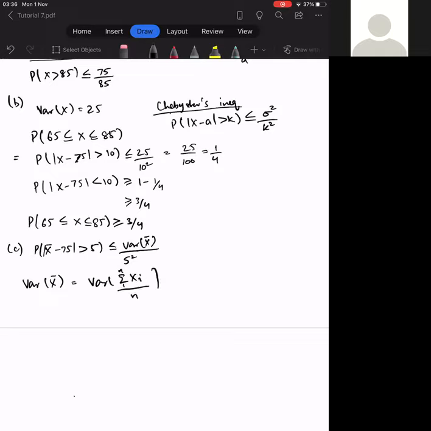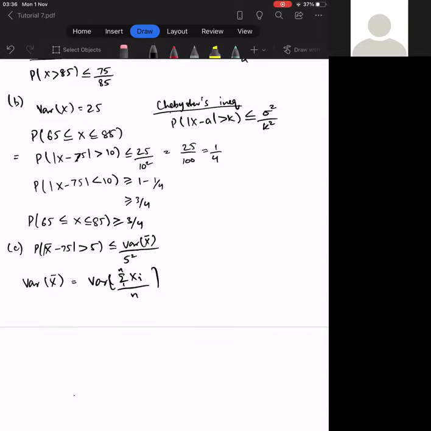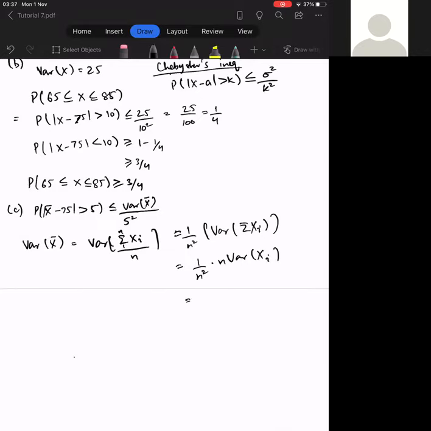And what would the variance of x bar be? Variance of x bar equals, for some n, this is how the variance is calculated for x bar. I take n outside from the denominator and I get n squared times the variance of the sum of xi's. Assuming these xi's are independent, we have the variance of any xi, and we can just cancel these, and the variance of any student divided by n.